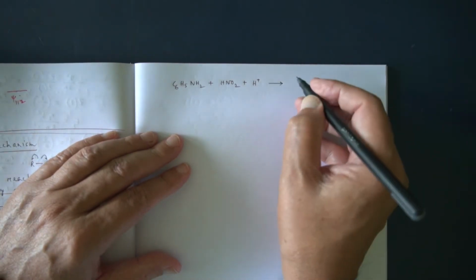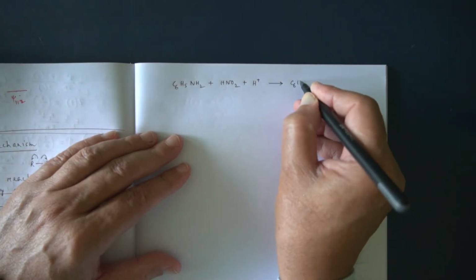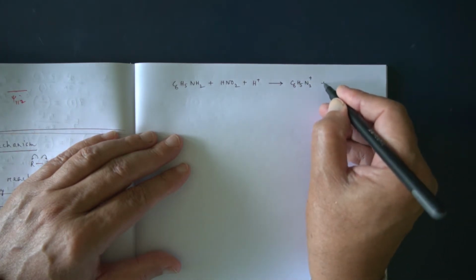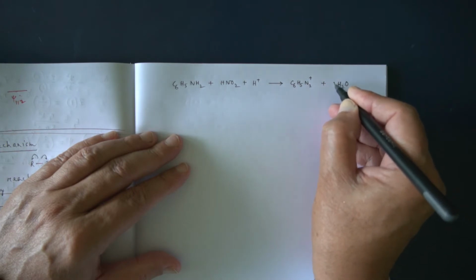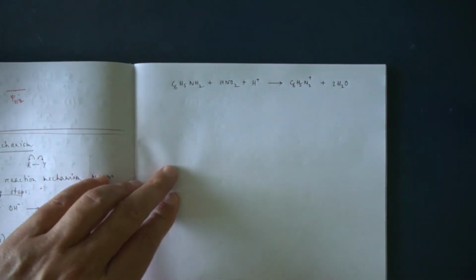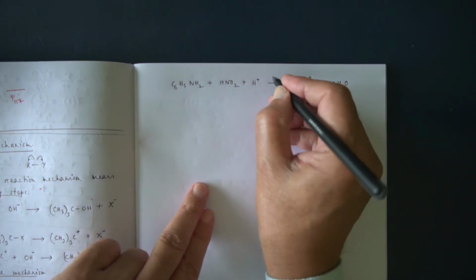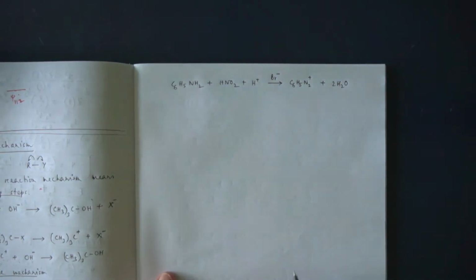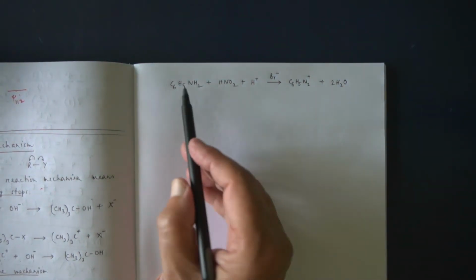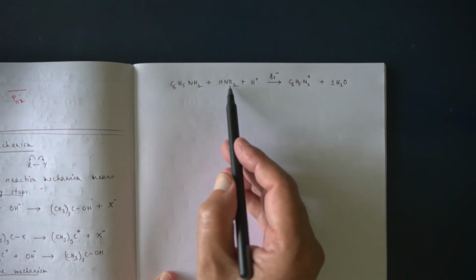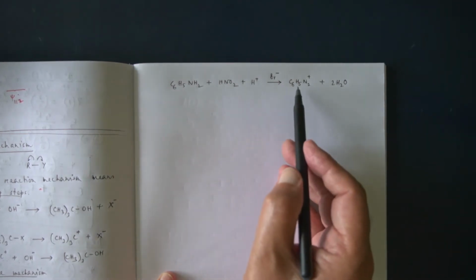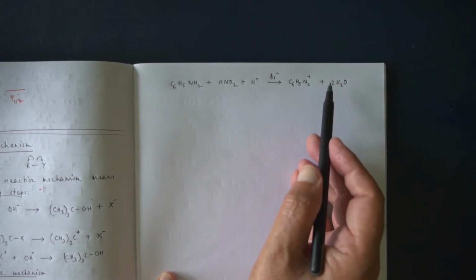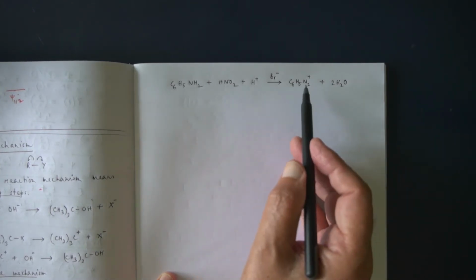We get diazonium salt, C6H5N2 plus, plus H2O. Now this reaction is catalyzed by bromide ion. This is the aromatic primary amine, nitrous acid, and we get diazonium salt and of course water. So this is the reaction.